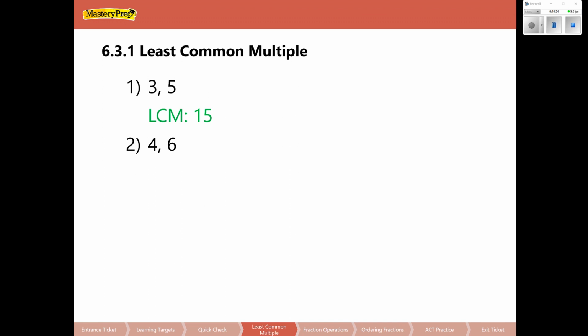So for the next one we could multiply them together. If we did that for this here, 4 times 6 is 24. Well, we can do the same thing. We can type it in, and we get 12.